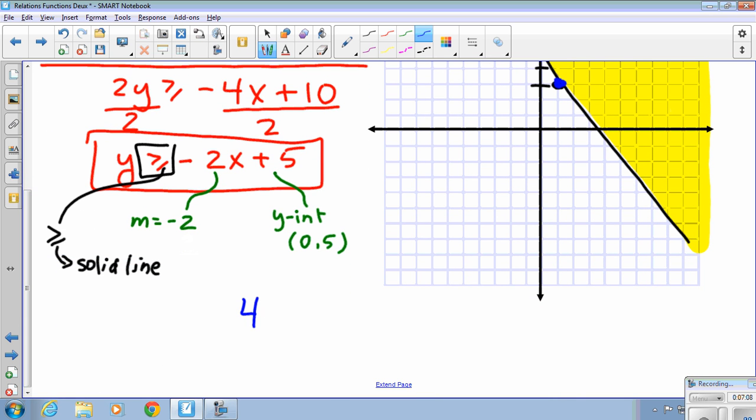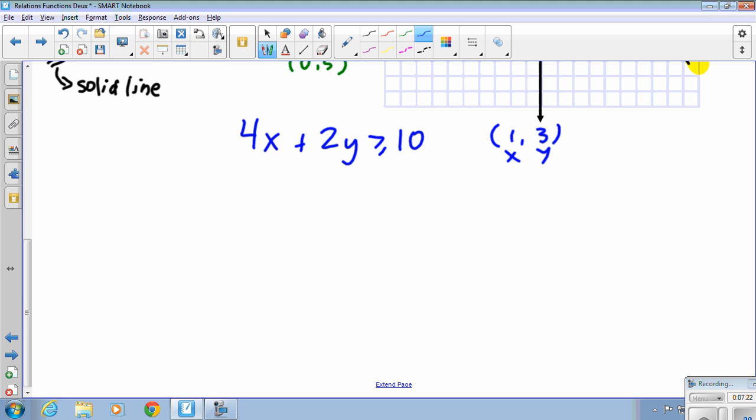The inequality we were looking at was 4x plus 2y is greater than or equal to 10. And we're checking the point 1, 3. This is x, this is y. So I could put it in and verify. So I can say 4 times 1 plus 2 times 3, that's my x and y, should be greater than or equal to 10.